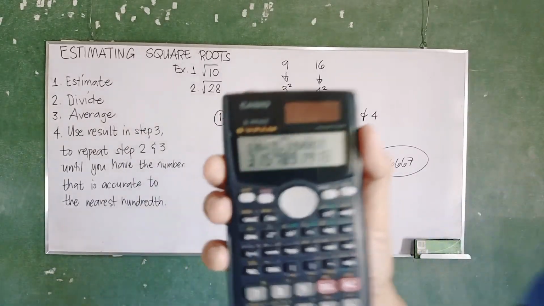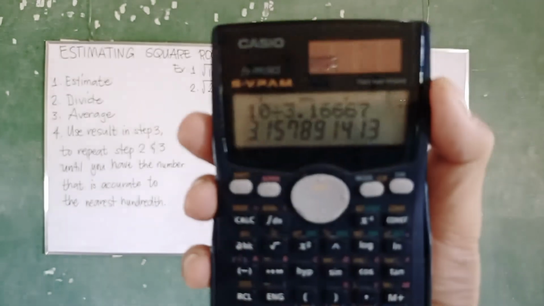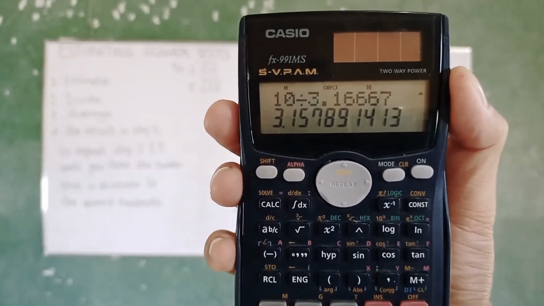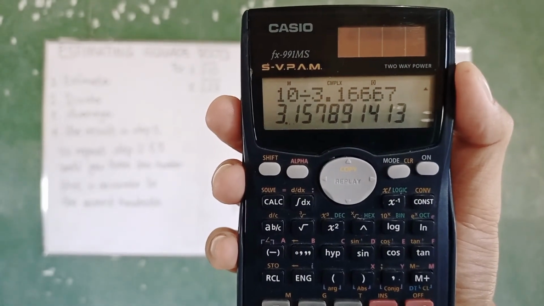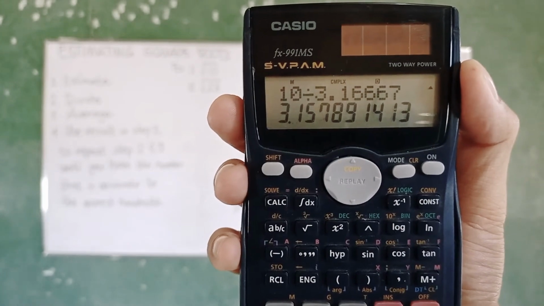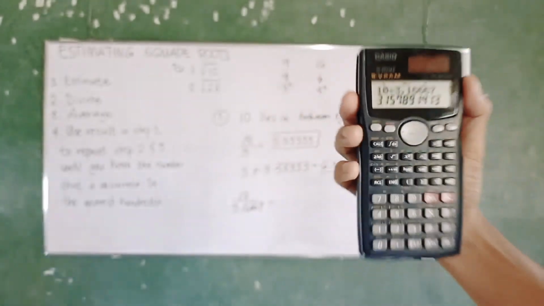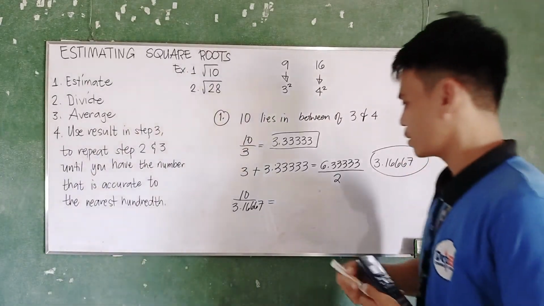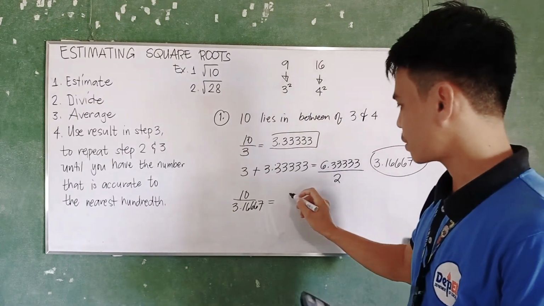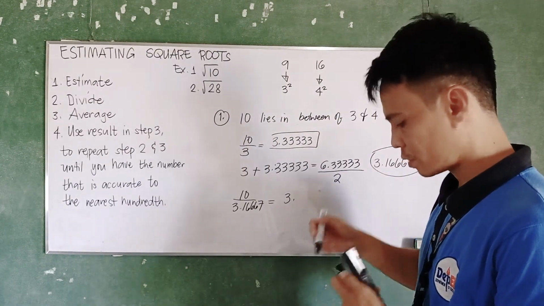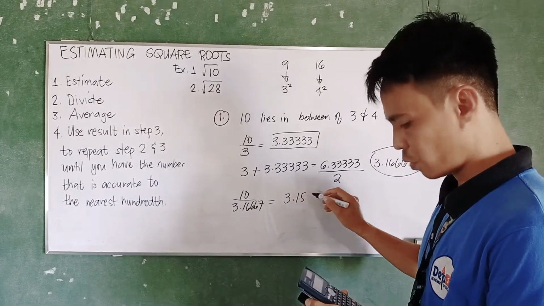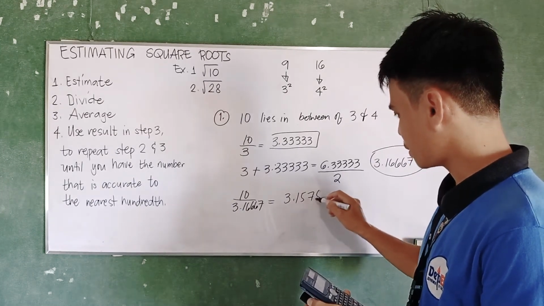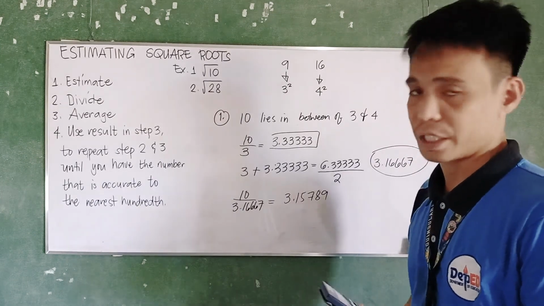So our answer is 3.157891413. Kukuha lang tayo ng 5 decimal places, guys. So therefore, this is 3.15789.